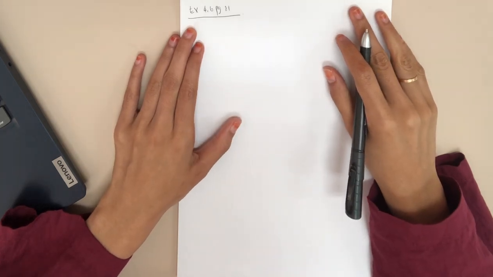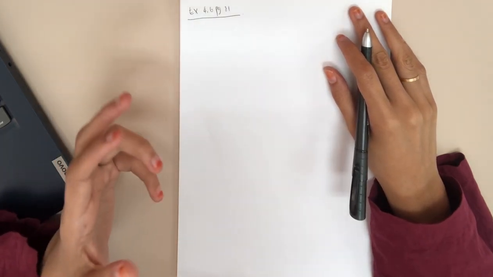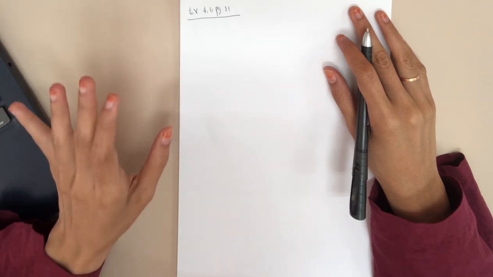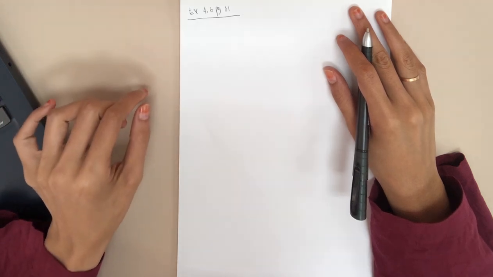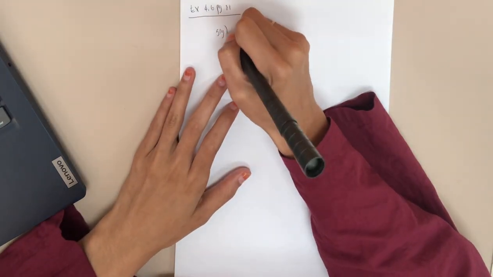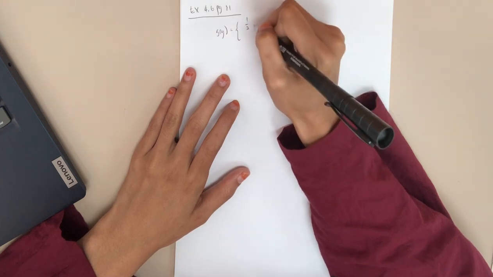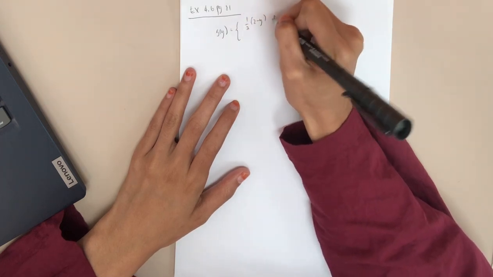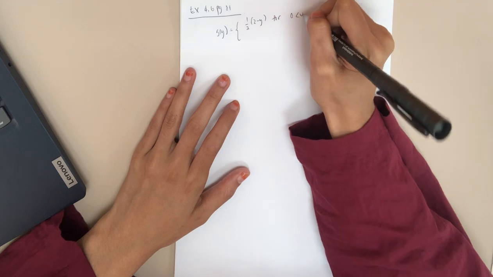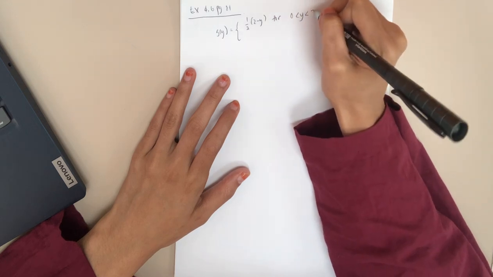So the question is, the growth of clouds seeded with silver iodide has a density function of g(y), which is 1/2 (2 minus y) for y from 0 to 2.